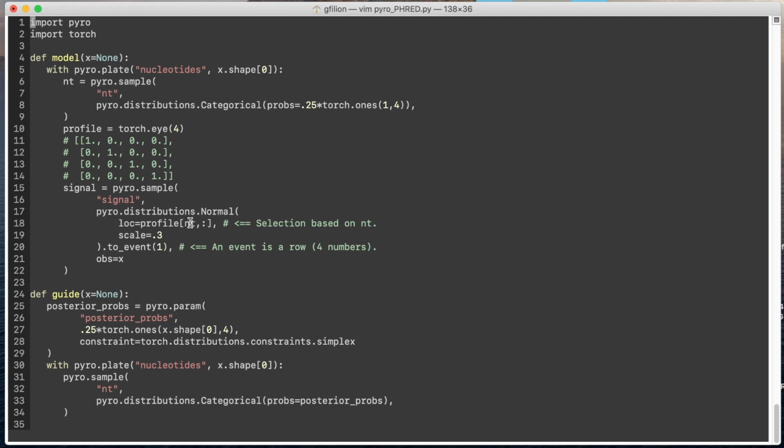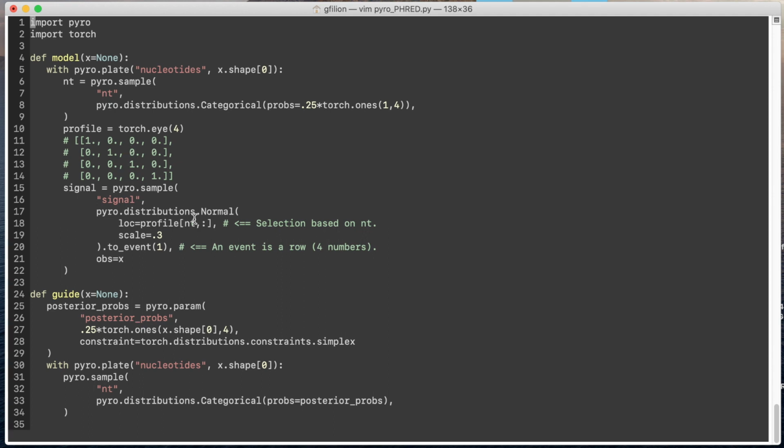So NT is going to be a value between 0 and 3, and that will correspond to different rows of this profile. So I'm saying essentially here that if the first nucleotide was an A, you should take this here as the main profile. If the first nucleotide was a C, well, you should pick the second row. It should be this, which is the main profile, and so on.